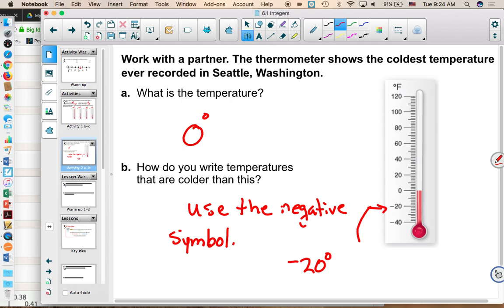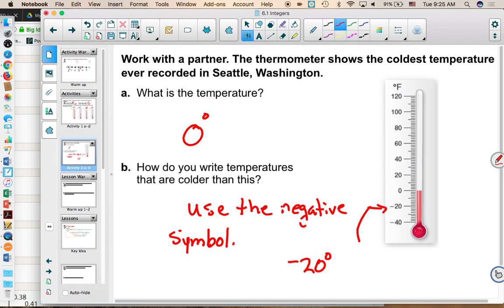What does negative 20 degrees mean? Yes, it is super cold. What does it mean, Josie? It's 20 degrees below 0. 0 is that turning point. At 0, we either go positive or we go negative, depending on what we're looking for.